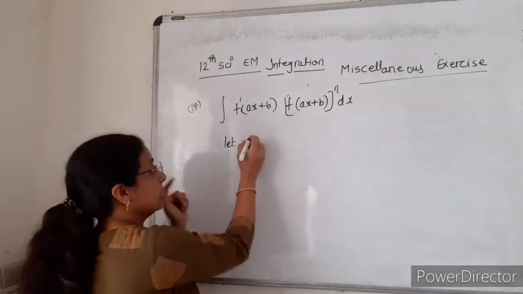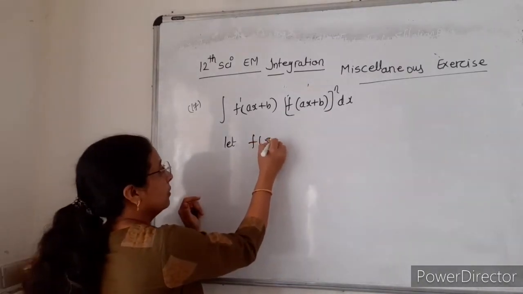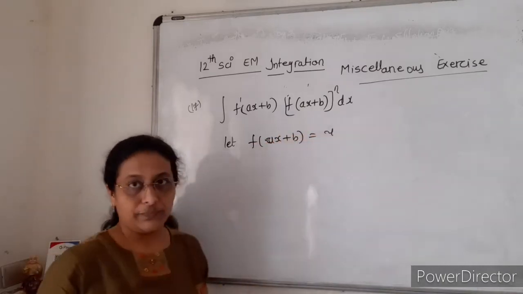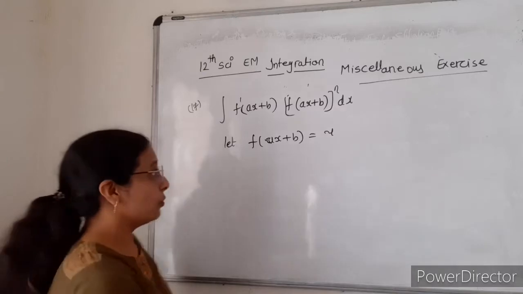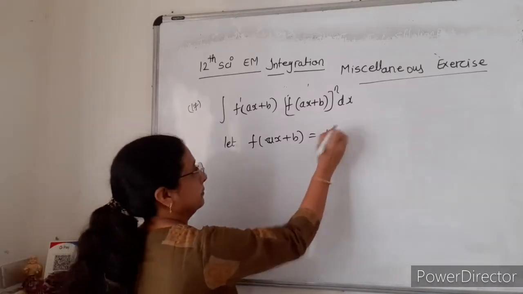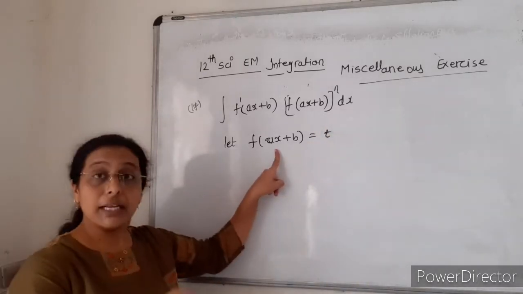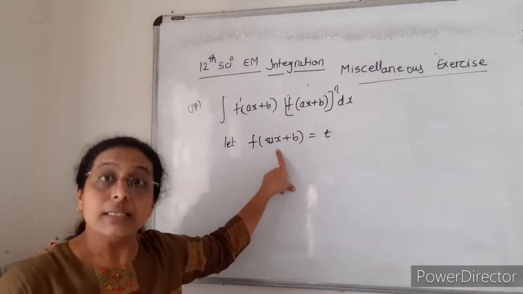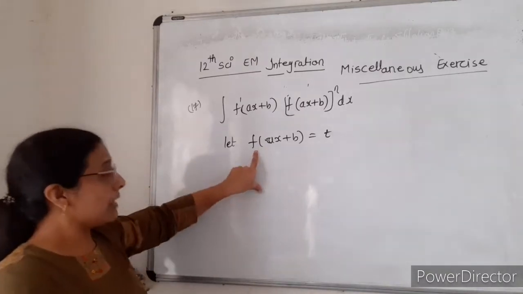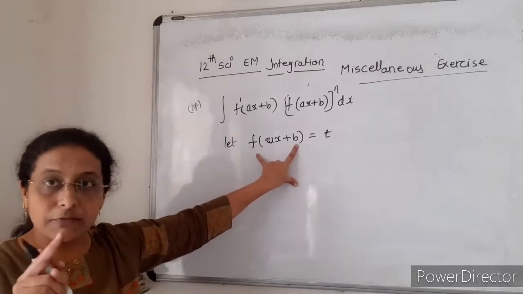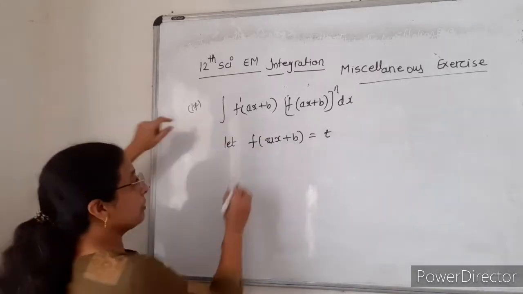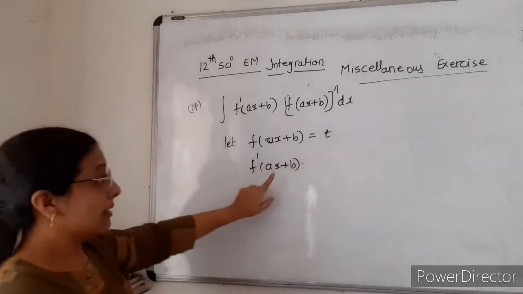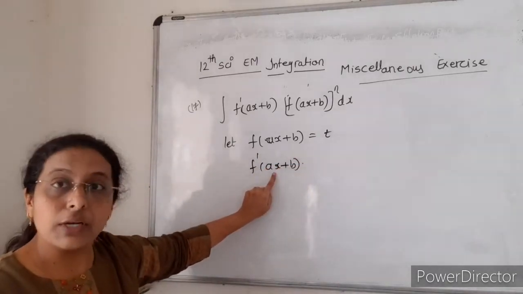So here it is f of ax plus b. Suppose we take it as u, or you can say it is t. Then the derivative of f x is f dash x. Same way, the derivative of f of this function is in the form of f. So the derivative of this is f dash of ax plus b, and you apply the chain rule here.